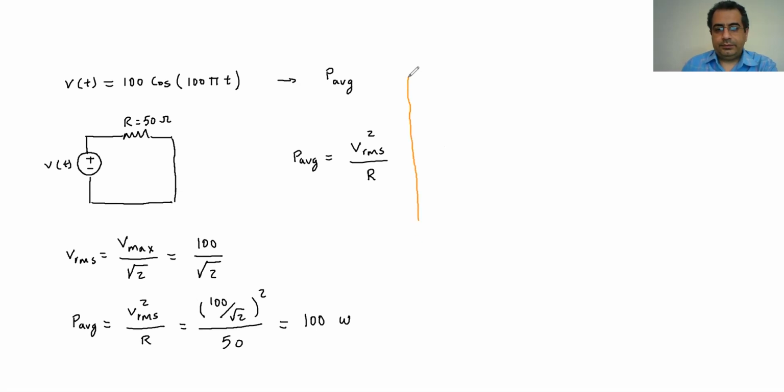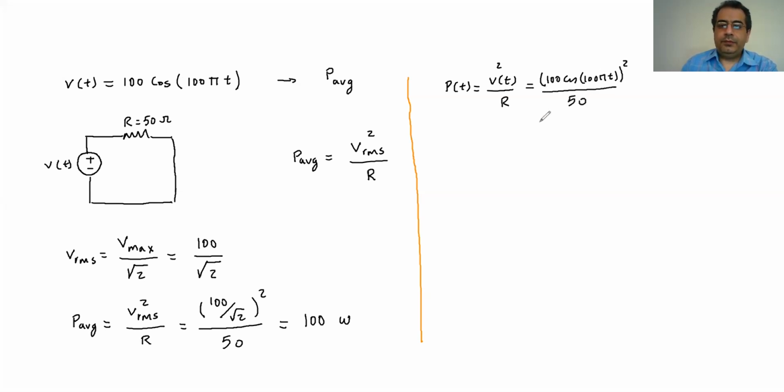If I want to calculate the P over time, so p(t), I know that p(t) is v(t) squared divided by R. Then if I substitute the value there, v(t) is 100 cosine(100 pi t), squared, divided by 50.